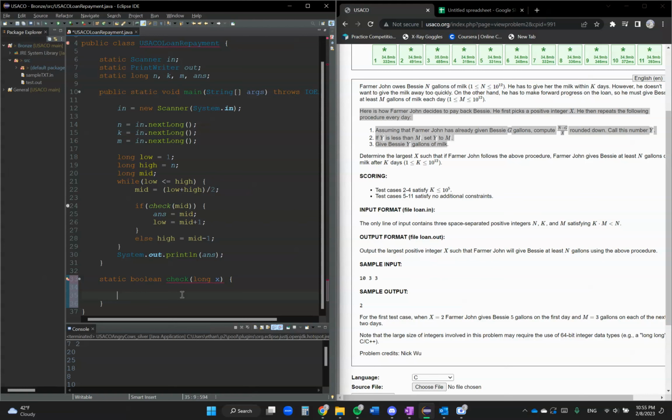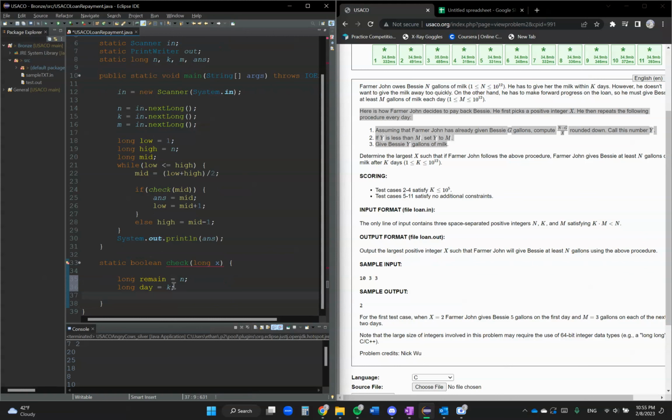So what I'm going to do is, for now, I'm just going to create a standard while loop that does exactly all these 3 steps every day. And from there, I'm going to start making it more efficient little by little. So first, the amount of remaining gallons of milk is going to be n, and the amount of days that are left is going to be k. Okay.